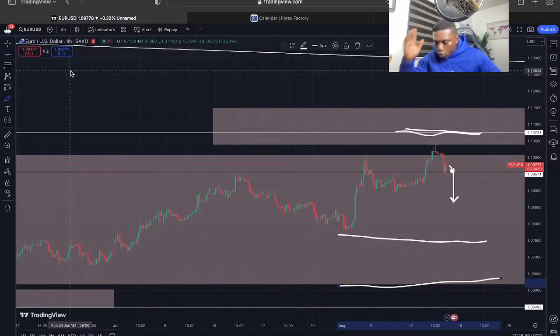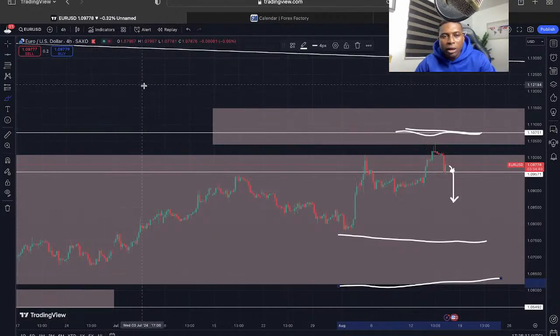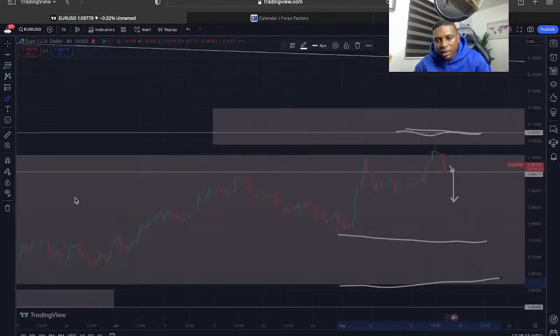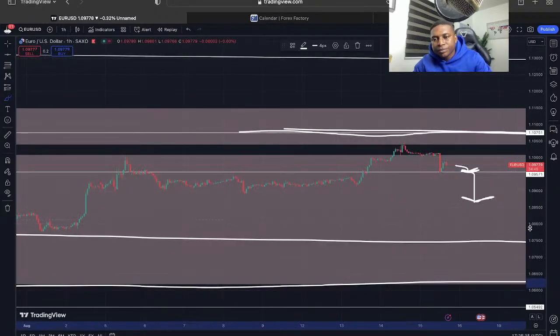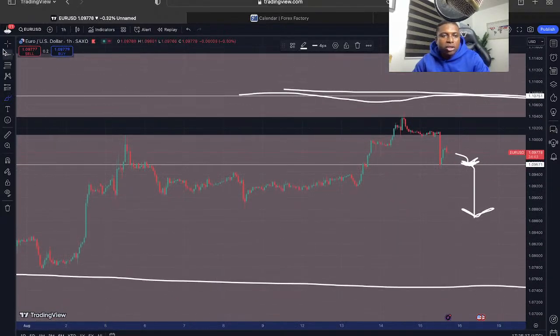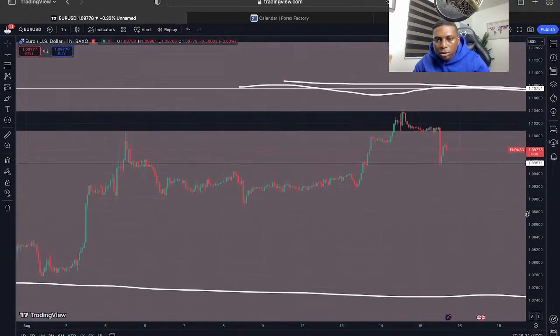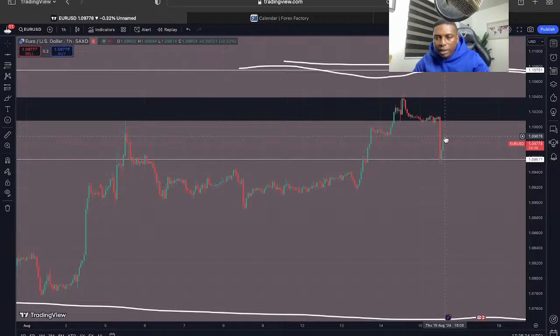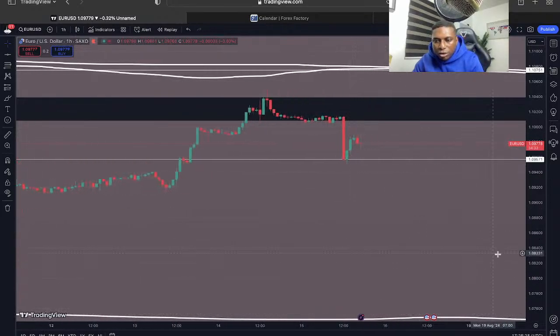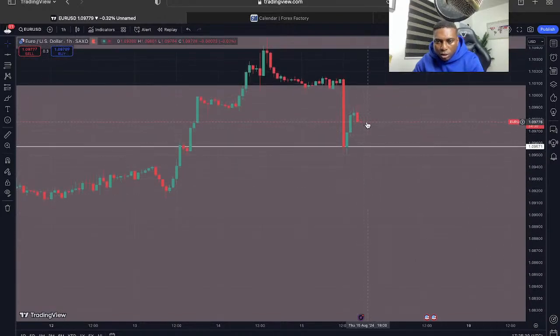Now let's go down to the 1 hour time frame. Looking closely at the 1 hour time frame, we can see that there was just a pullback at this level, and price is already pushing back downwards.